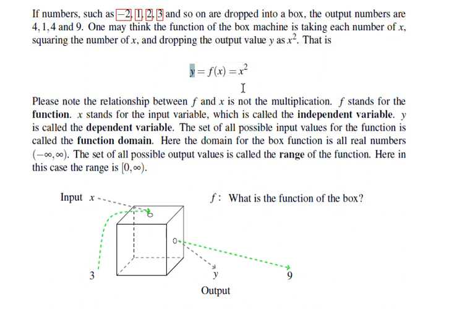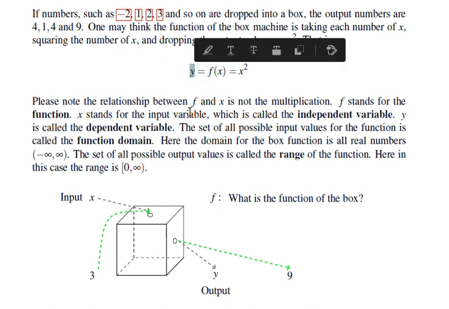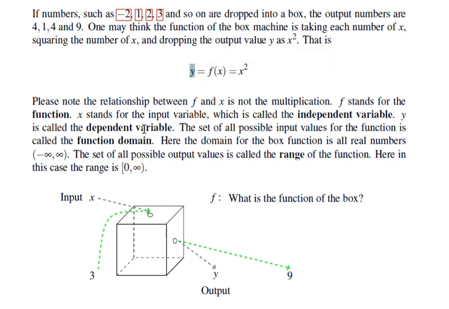So it depends on how you are going to write that. But most commonly, for input variable we use x, which stands for independent variable. Output value, which is the dependent variable, we use y.